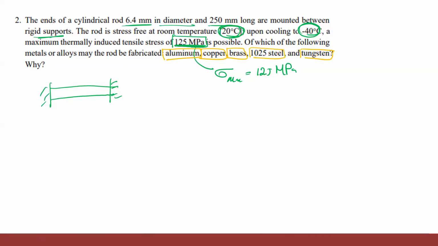And they're asking which ones are okay, which ones are not okay. Is this one undergoing a compressive stress or a tensile stress? Cooling, so it is going to shrink, but the supports are pulling it. Tensile stress.